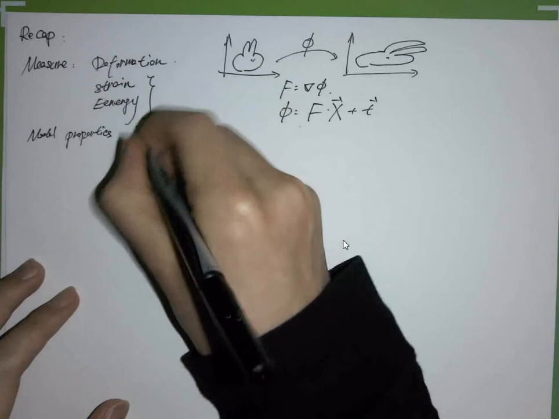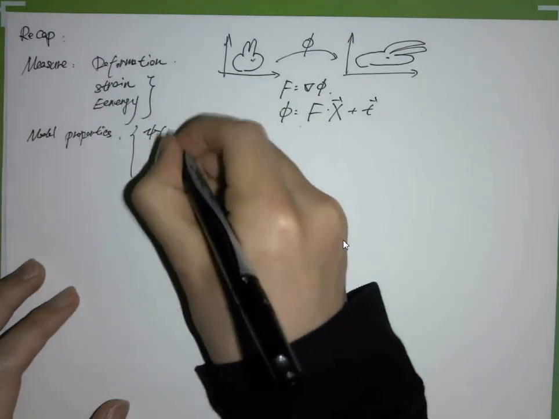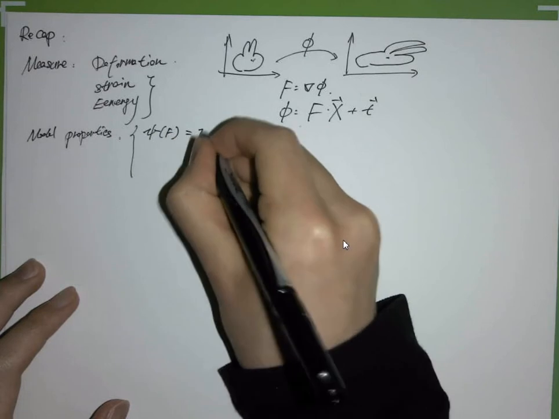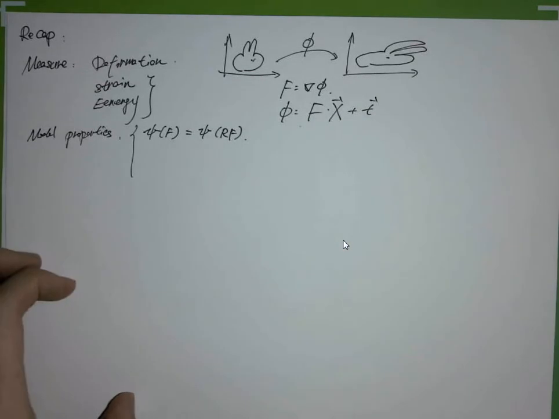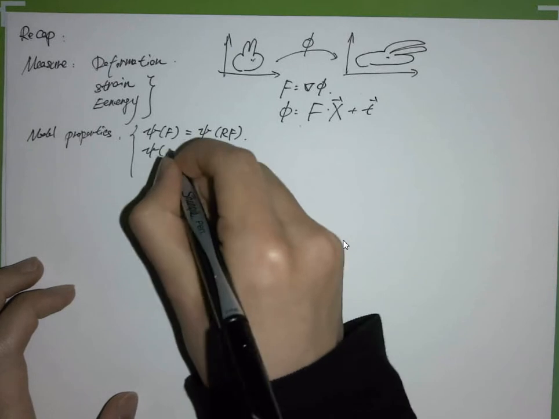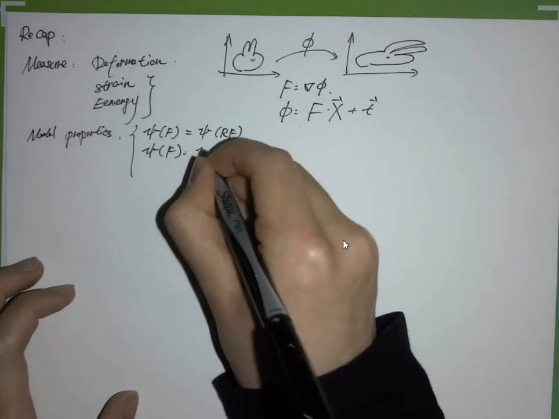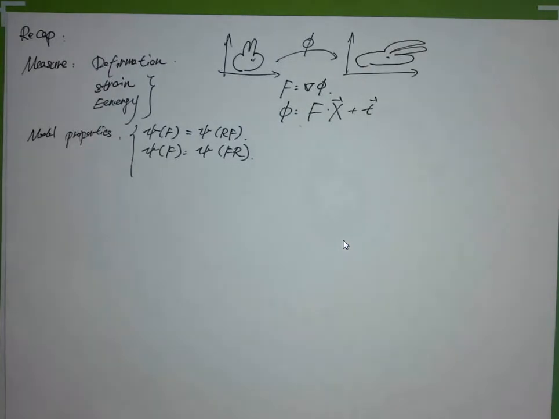For example, rotational invariance, which we really want because we don't want to introduce rotation as extra energy. Rotation should not cost any energy. And isotropy, maybe it is a property that we want, maybe it's not. It depends on what kind of material you are simulating. If it's a jello cube, it's perfect to simulate an isotropic model. If it's any other model that's more complicated, it might not be a good case.